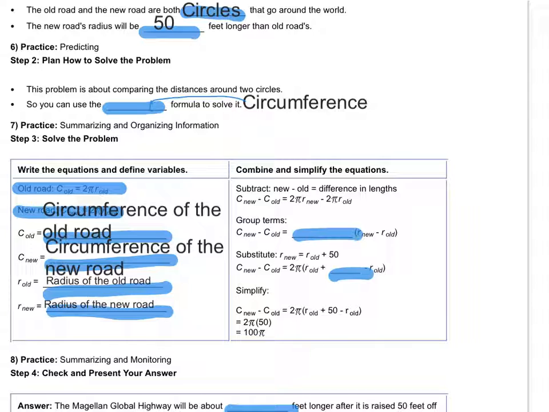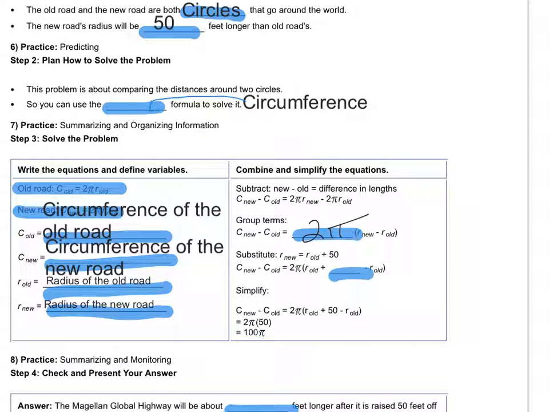So the next step, it says to combine and simplify the equations. So the circumference of the new minus the circumference of the old is still equal to 2 pi times the radius of new minus the radius of the old one.